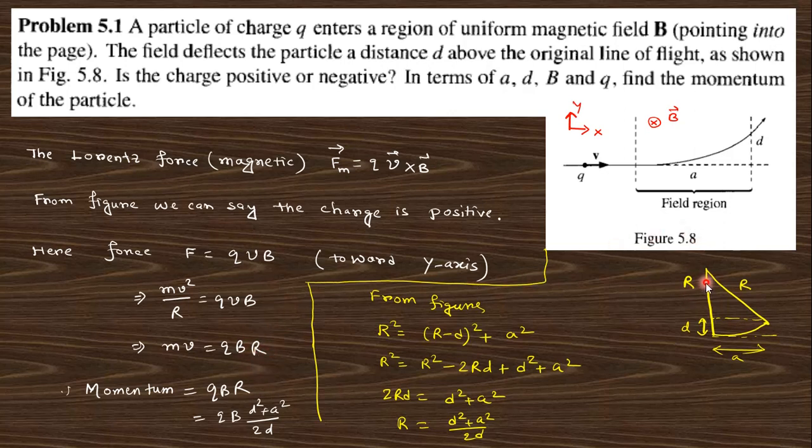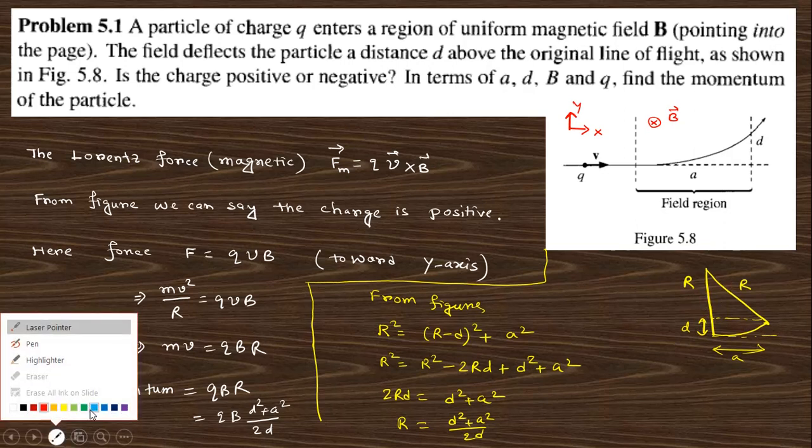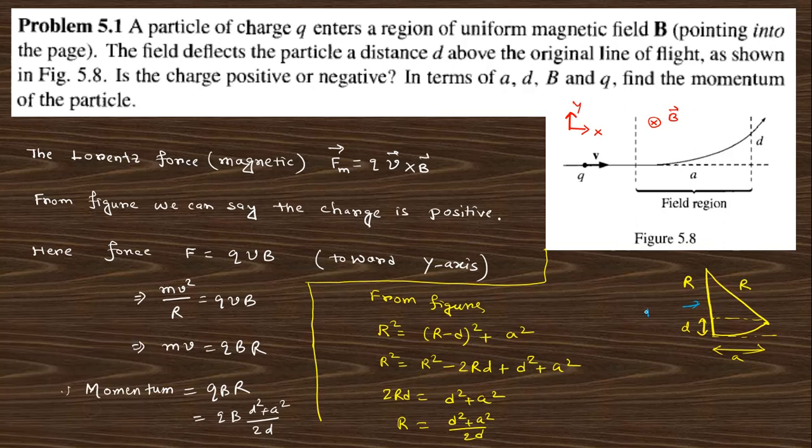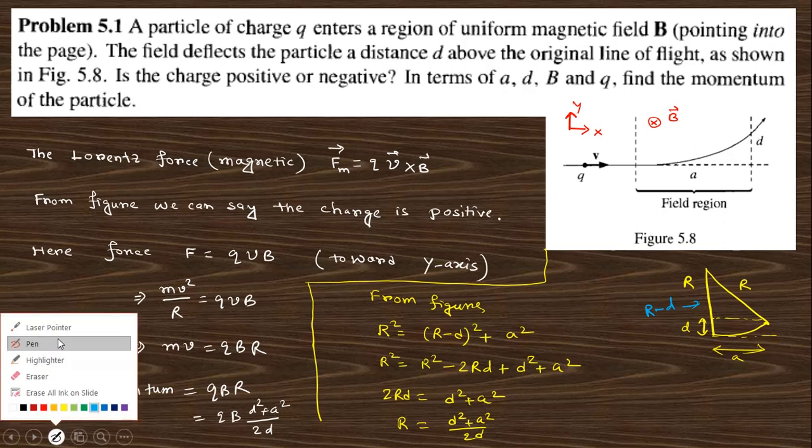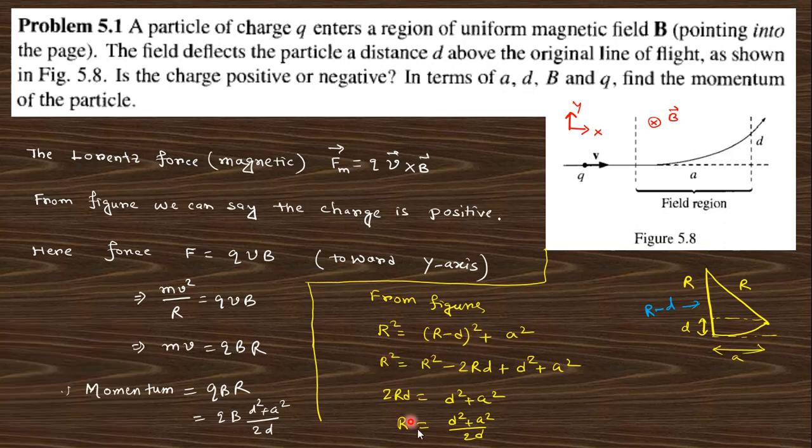From here you can see this is radius r, and this is also r, and this distance is d. So this portion is r minus d. By Pythagoras theorem, r squared equals (r minus d) whole squared plus a squared. By calculating you will get the value of r, and putting this value of r you will get the momentum, right?